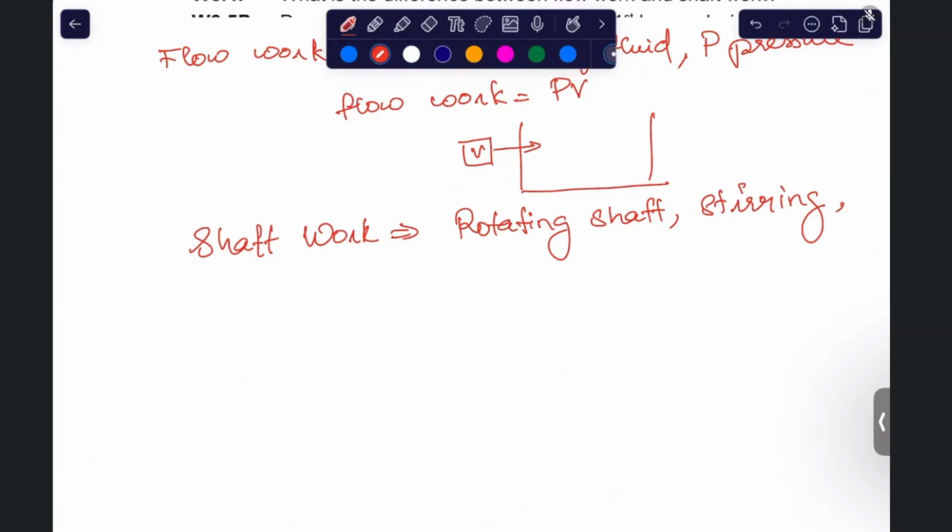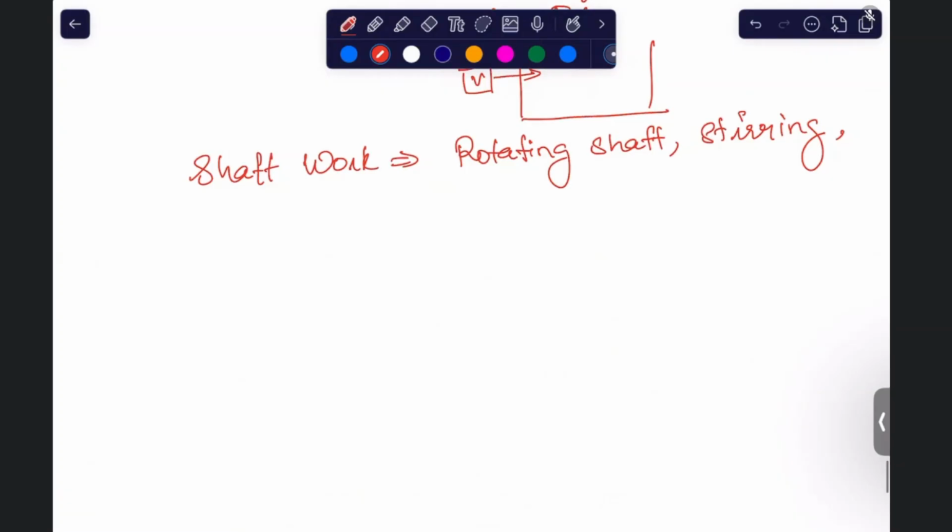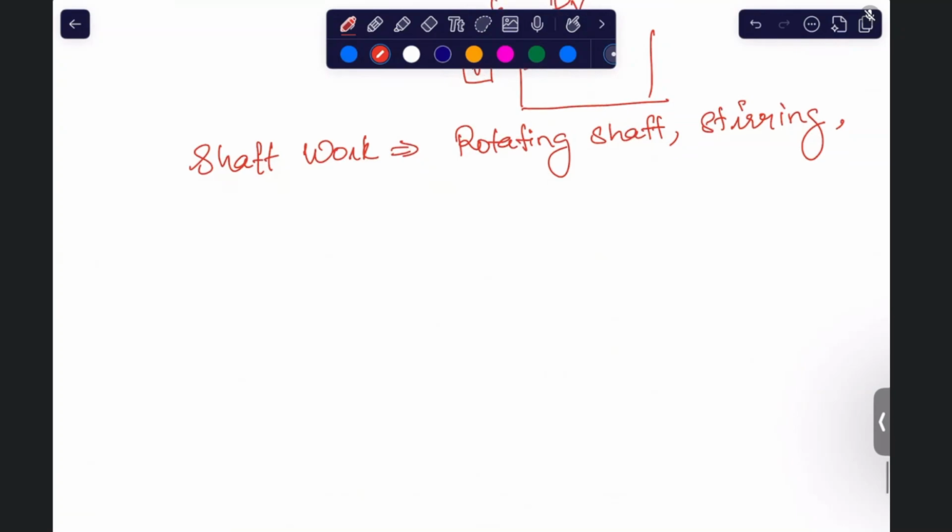When we think about alternators and generators, all this mechanical work is called shaft work.